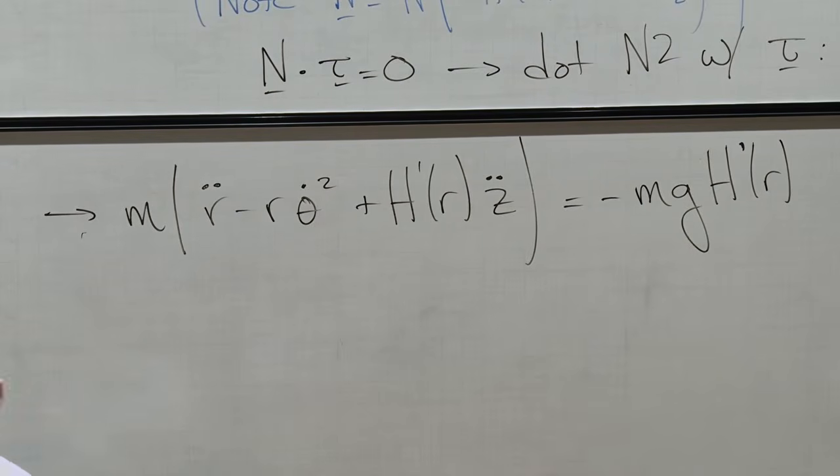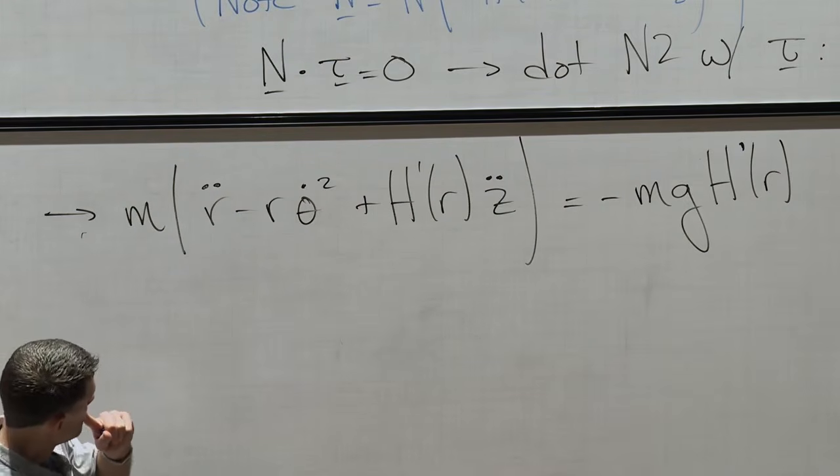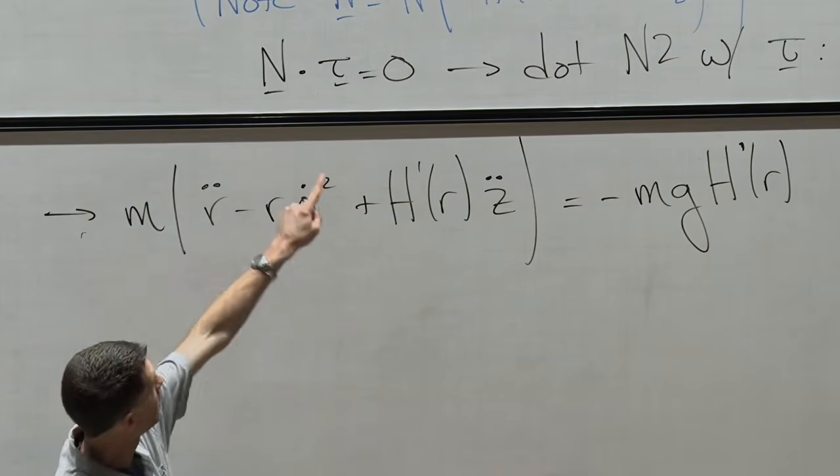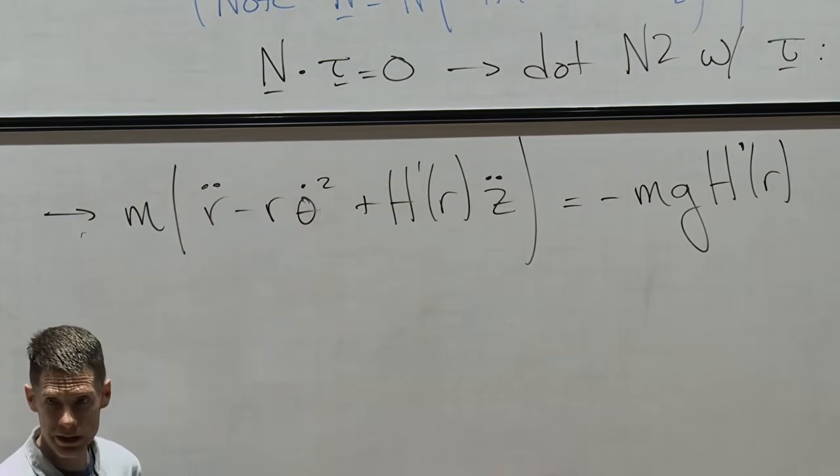That's a big, messy equation, but I'm getting quite close to something that's at least one variable. Theta dot is still living in this equation, but on the other hand, r squared theta dot is a constant.